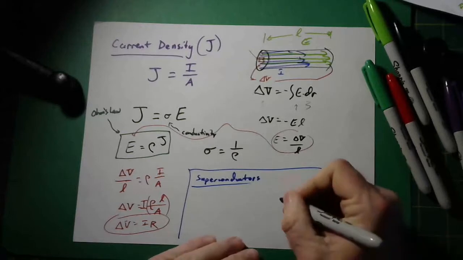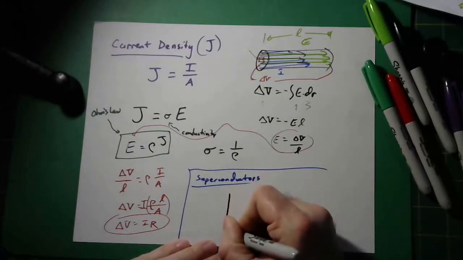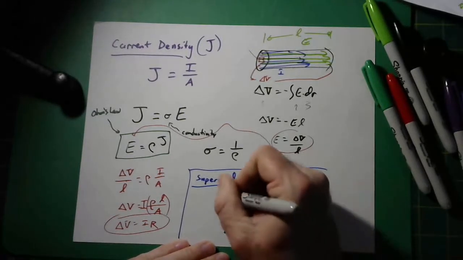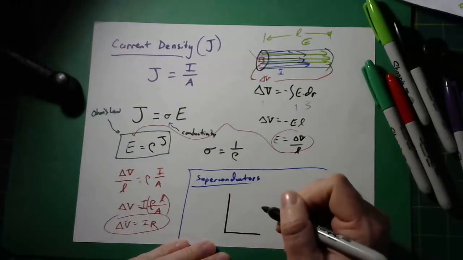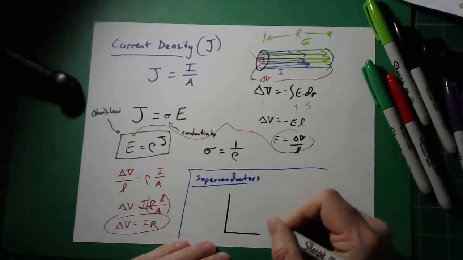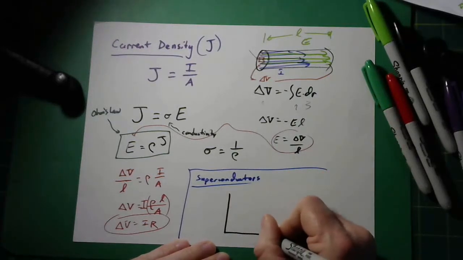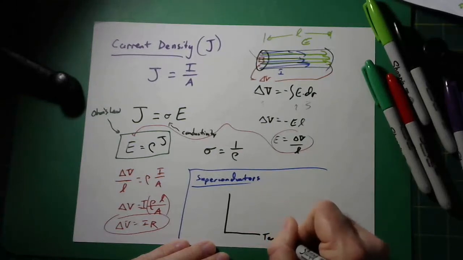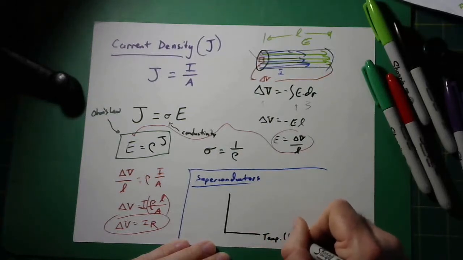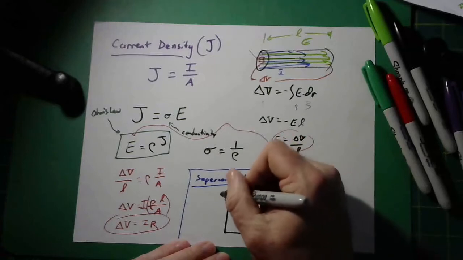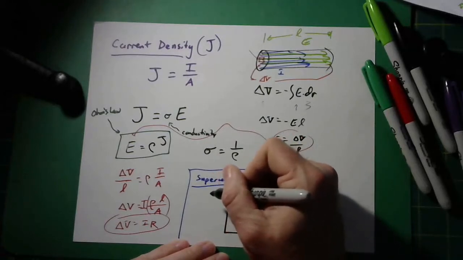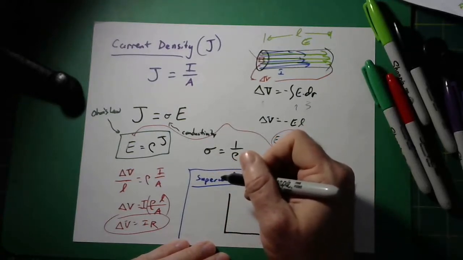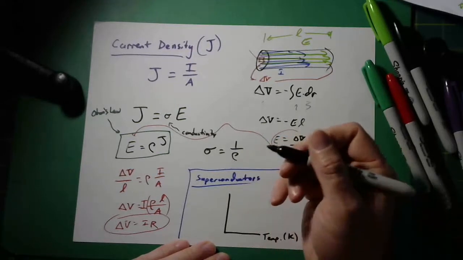But if I made a little graph, and said, okay, let's say this is the temperature, and I'm going to do it in kelvins, and then this is, we'll say, the resistivity of the material, or the resistance of the chunk of wire, your choice.